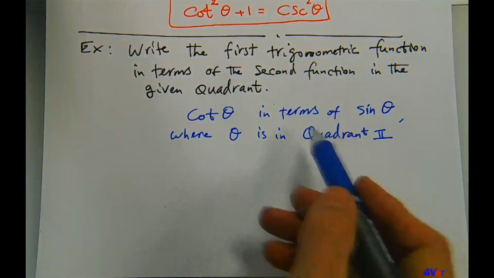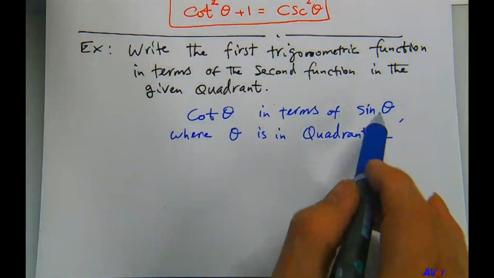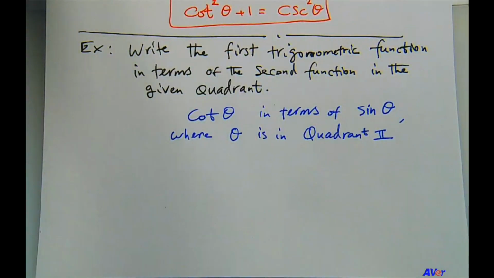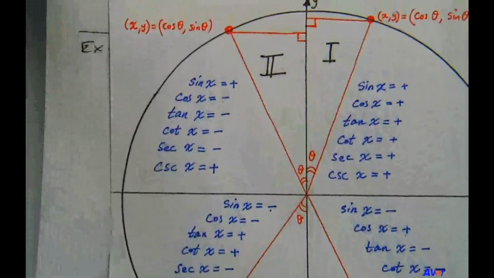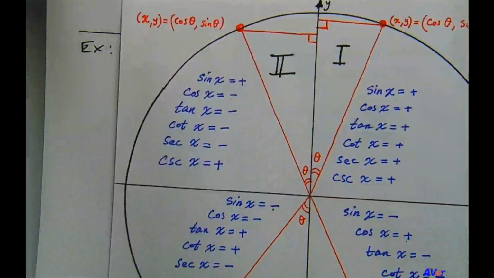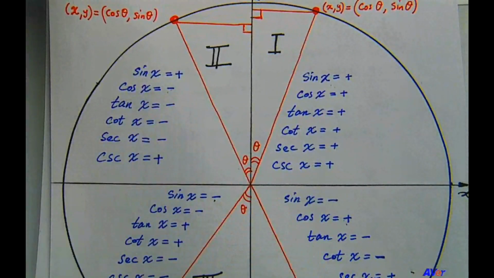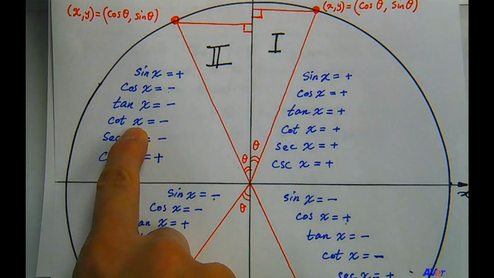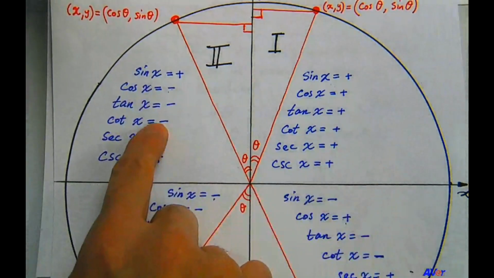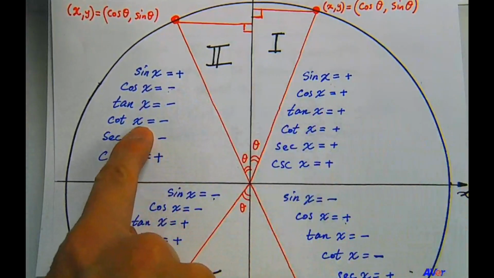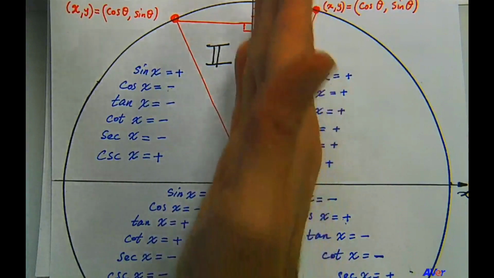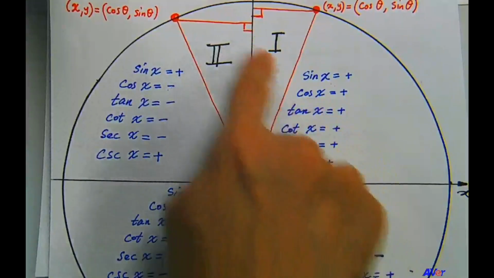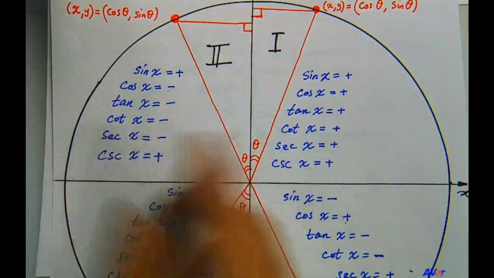So since we are already told to find cotangent of theta in terms of sine theta, where theta is in the second quadrant, I want to bring this back so we can look at it. In the second quadrant, right there, is the cotangent positive or negative? It's negative, right? And the reason for that is pretty clear, because cotangent is the adjacent divided by the opposite.